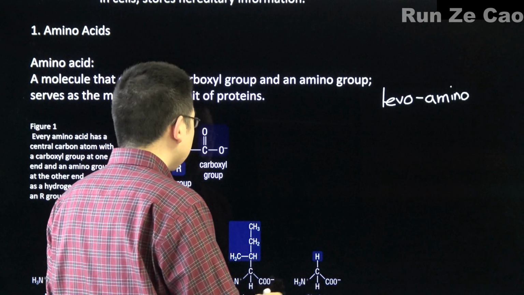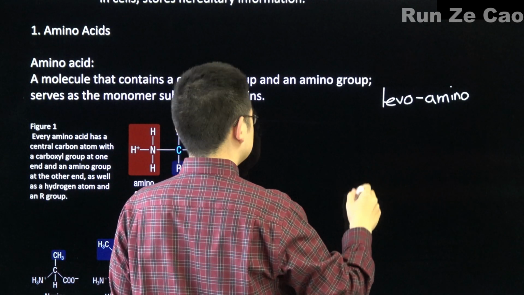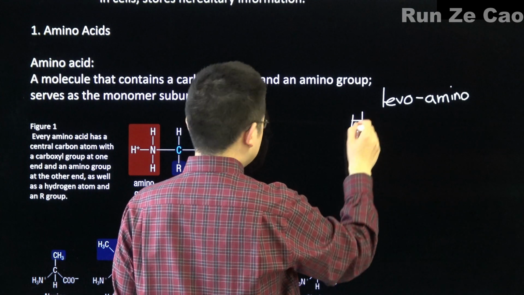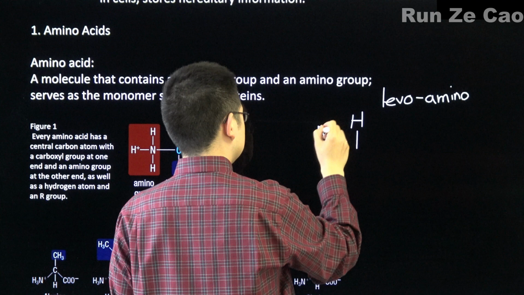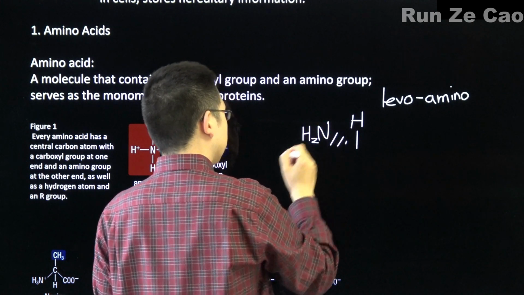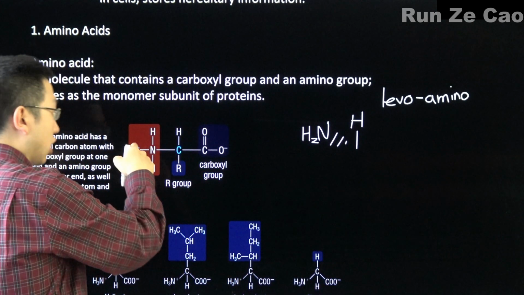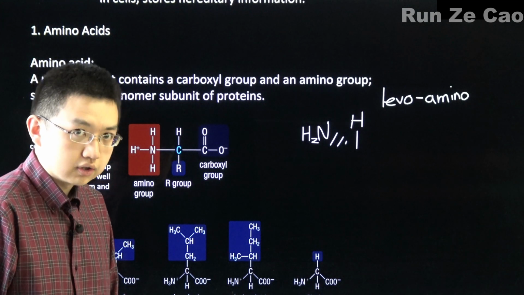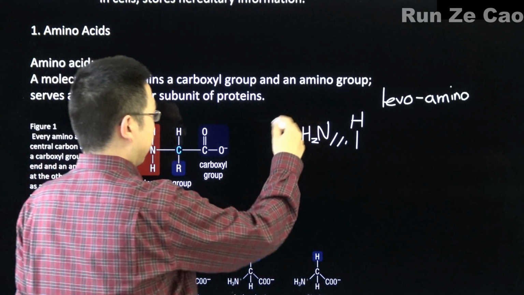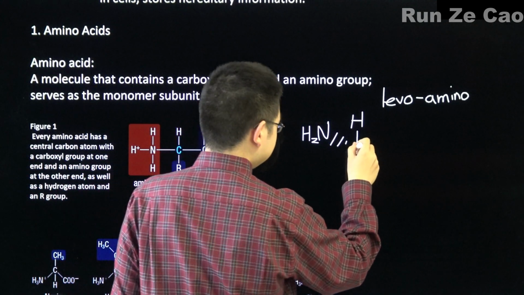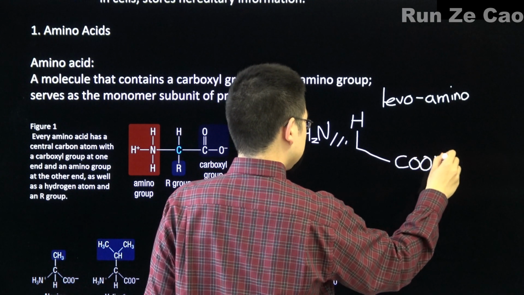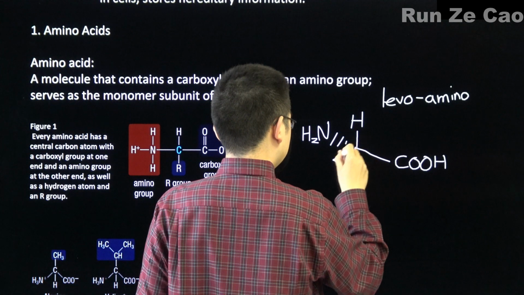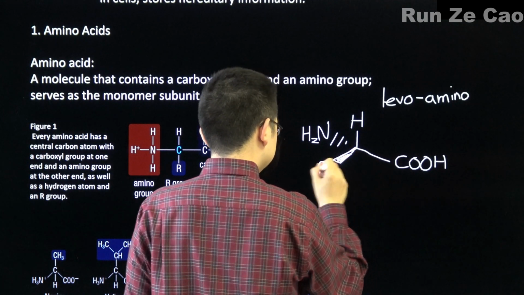That means in space, like say, oh, suppose H is up here, and then the amine group, which usually exists in charged form in relatively neutral solutions, but can be idealized as this. And then we have COOH, and out here we have the R group.